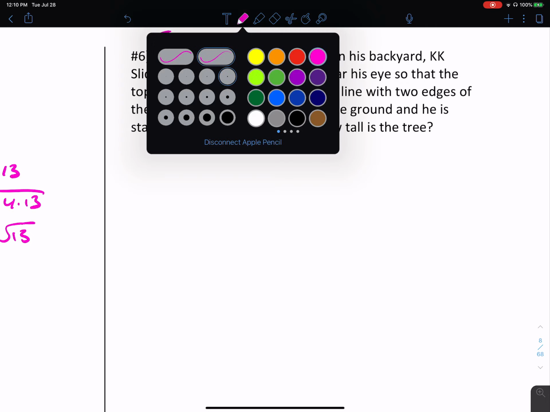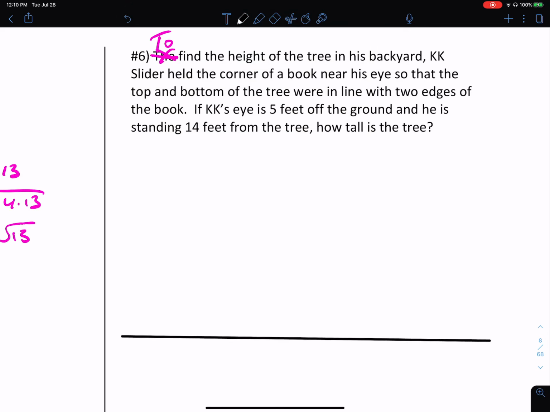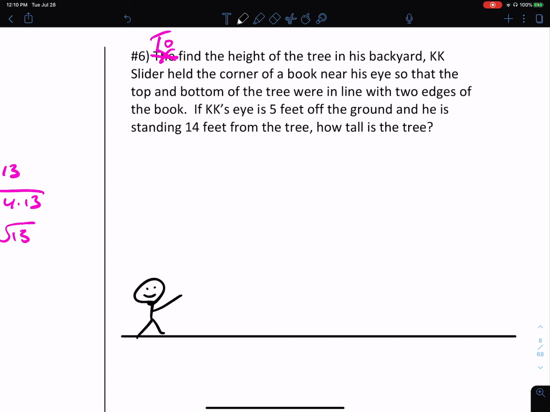So when you draw a picture, I would always start with the ground. And then we got KK Slider, who's holding a book. He's holding this book in such a way that if he lines it up just right with his eye hole, the top of this book goes to the top of a tree and the bottom of the book goes to the bottom of the tree.